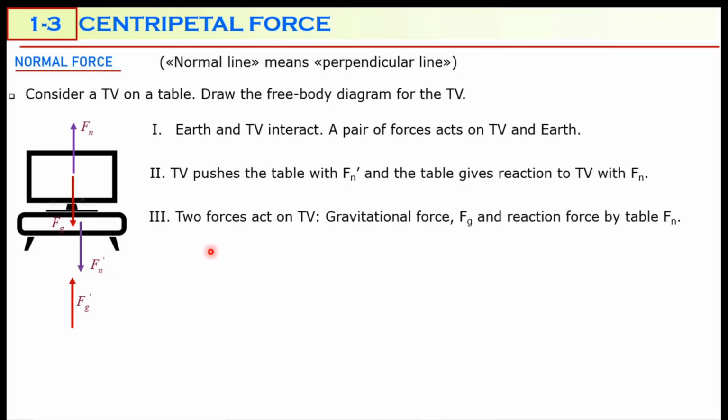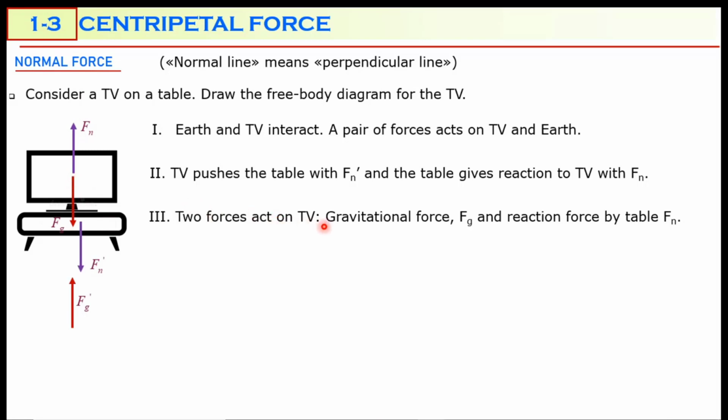Now, the question was to draw the free body diagram of the TV, because right now we care only about the forces acting on the television. There are two forces acting on the television. One of them is Fn acting up. The other one is Fg acting down.